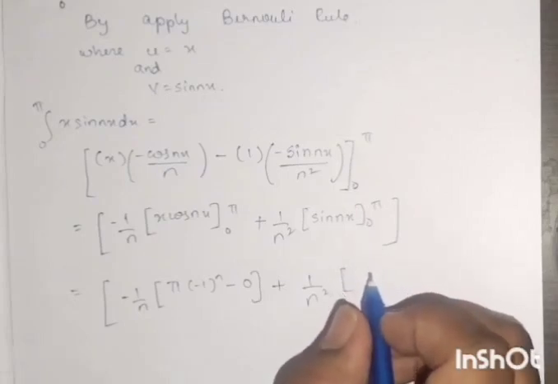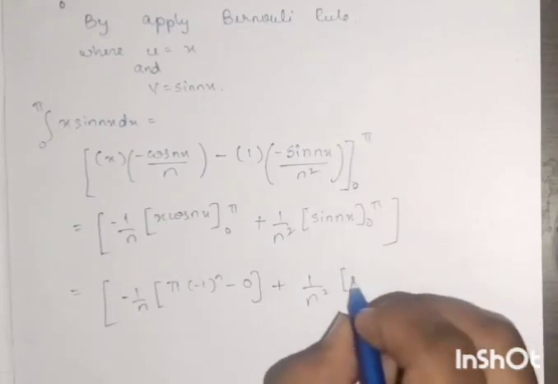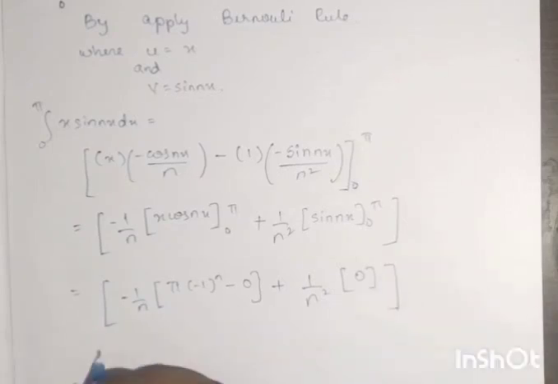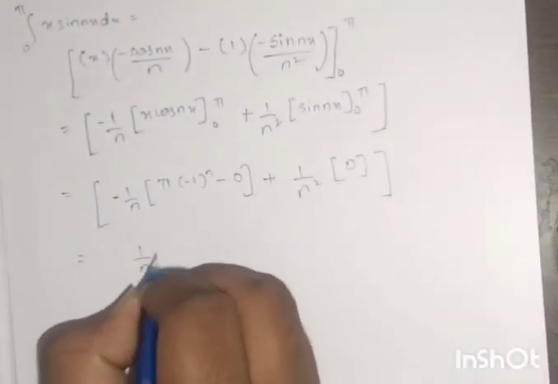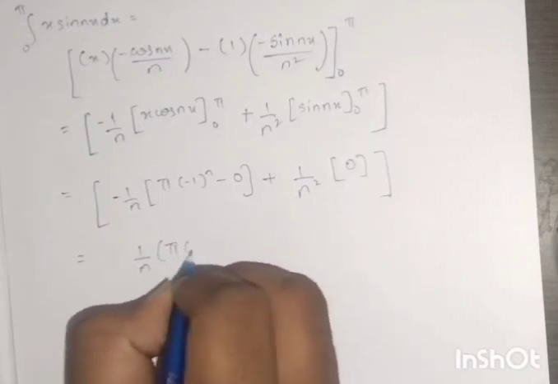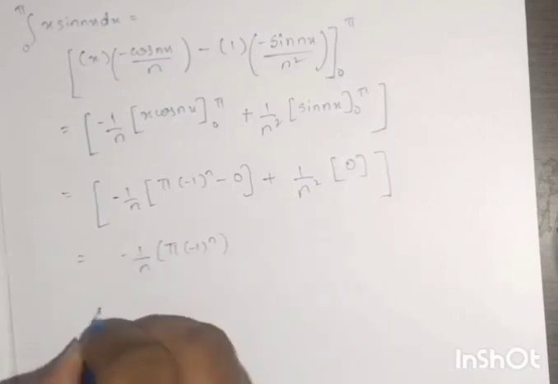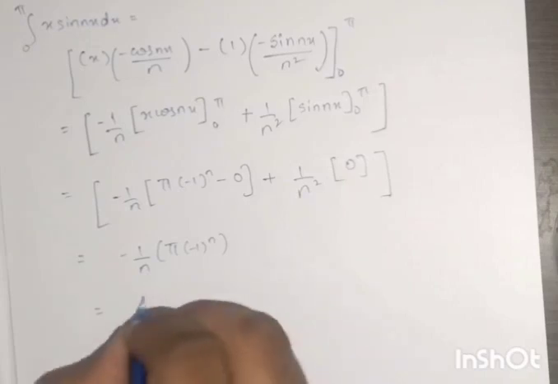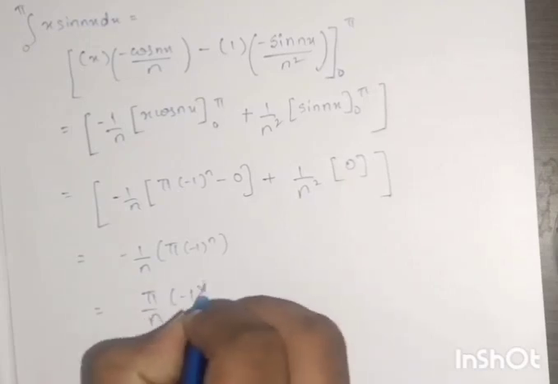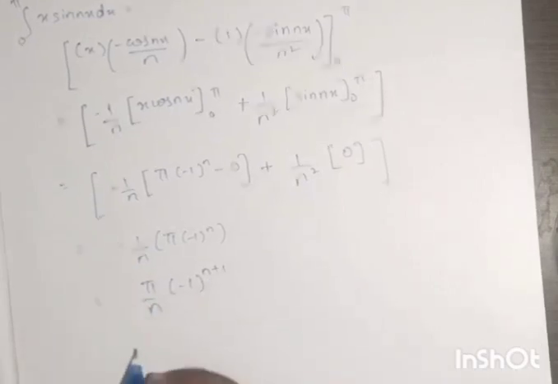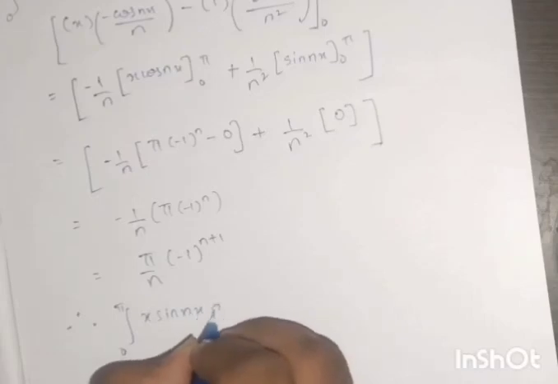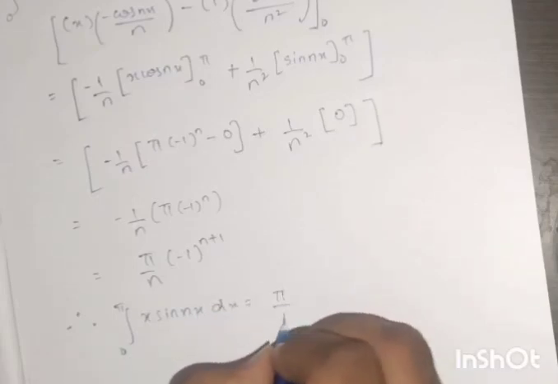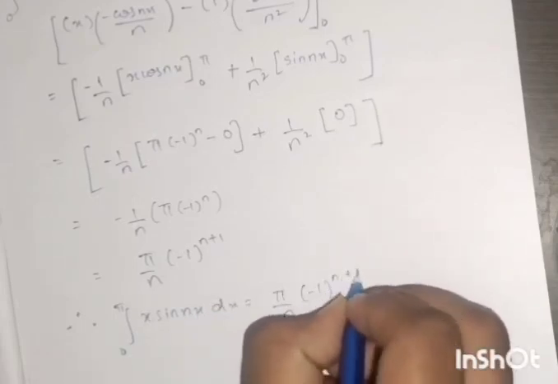Applying the limits, sin pi is also 0 and sin 0 is also 0, so 1 by n pi minus 1 raised to n, taking minus inside, pi by n minus 1 raised to n plus 1. Therefore, the integral of x sin nx dx is pi by n minus 1 raised to n plus 1.